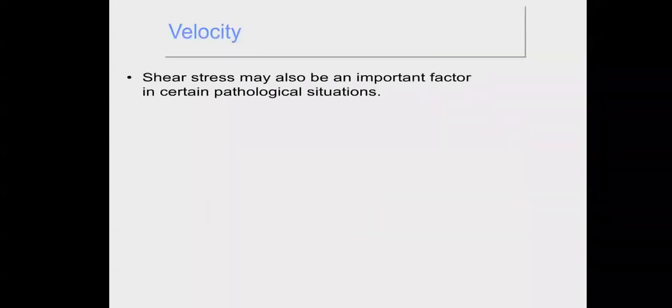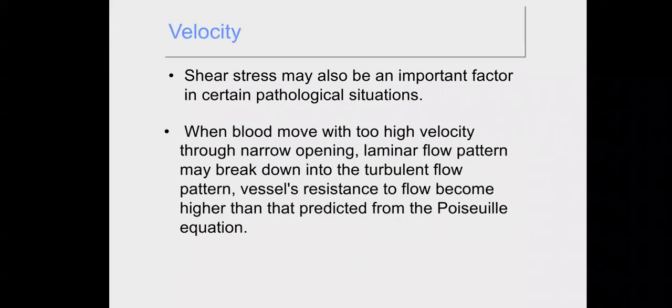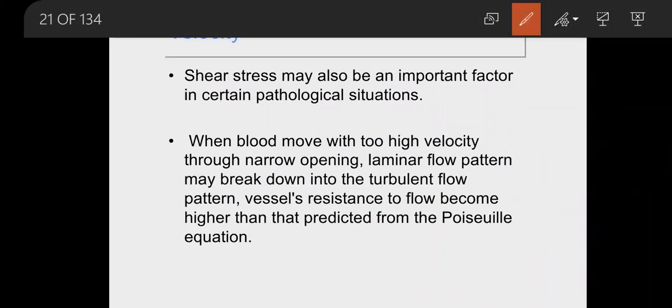So what I'm talking about here, what I mean, is the shear stress, which is the stress exerted by the flow of the blood on the wall, and it's a very important factor.